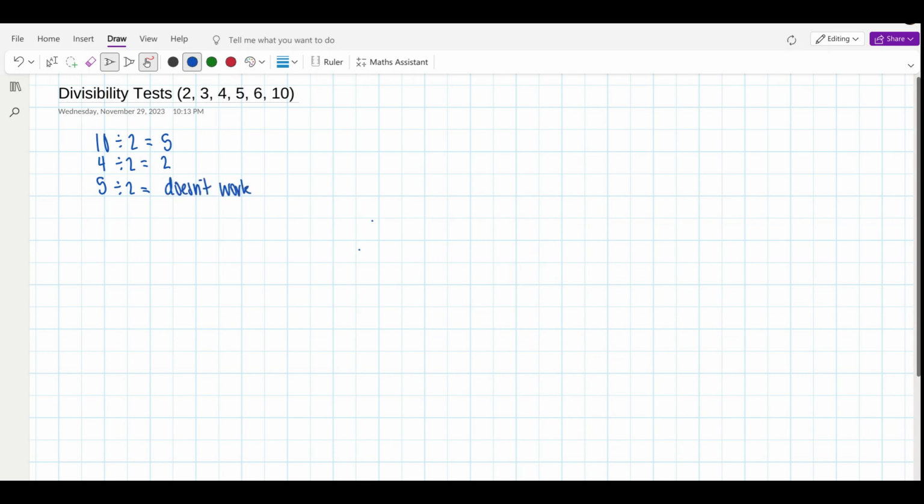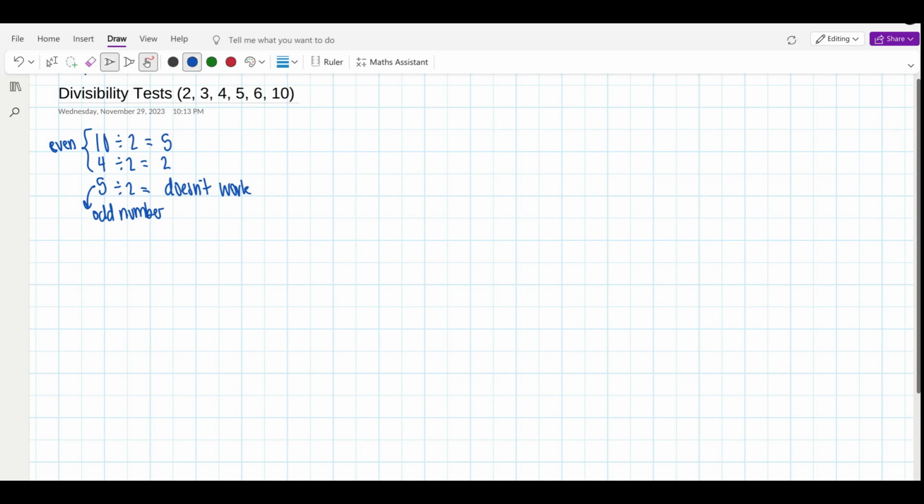Now why is this? If we have a look at the numbers that do work, 10 and 4, we can notice that these are even numbers, whereas 5 is an odd number. Therefore, for a number to be divisible by 2, it needs to be even.